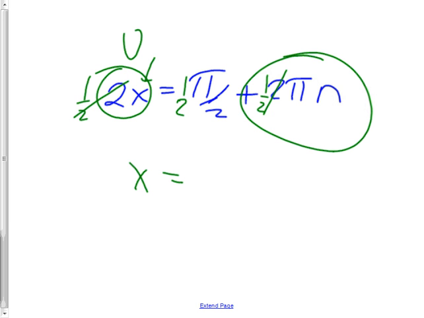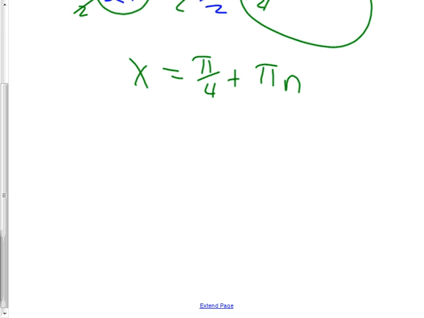Okay, so you should have gotten x equals pi over 4 plus pi n. Why can't you leave it that way? Because that's all the solutions. Which ones do I want? I want all the solutions that are less than 2 pi, so I got to basically go get a bunch. I start by sticking in integers like 0. So I put in 0, and 0 pi, of course, means I just have pi over 4. Here's my big list. Pi over 4 is one of my answers. Okay, what's another one? I stick in a 1.